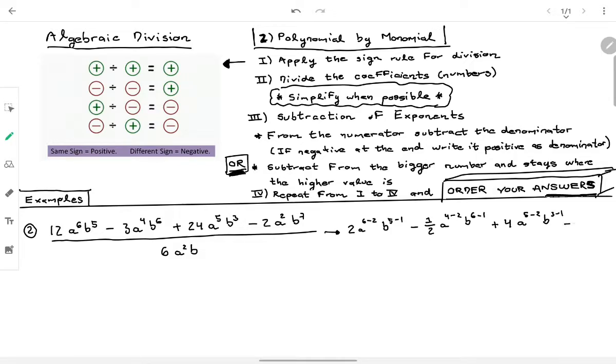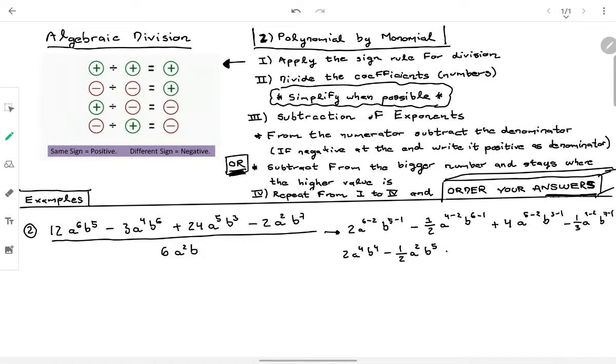And finally, 2 over 6 is going to be 1/3 of a to the 2 minus 2, b to the 7 minus 1. So we will get something like 2a to the 4th b to the 4th, minus 1/2 a squared b to the 5th.